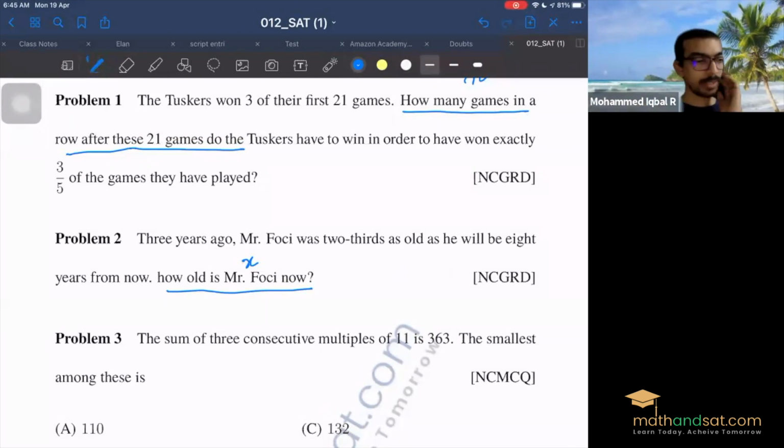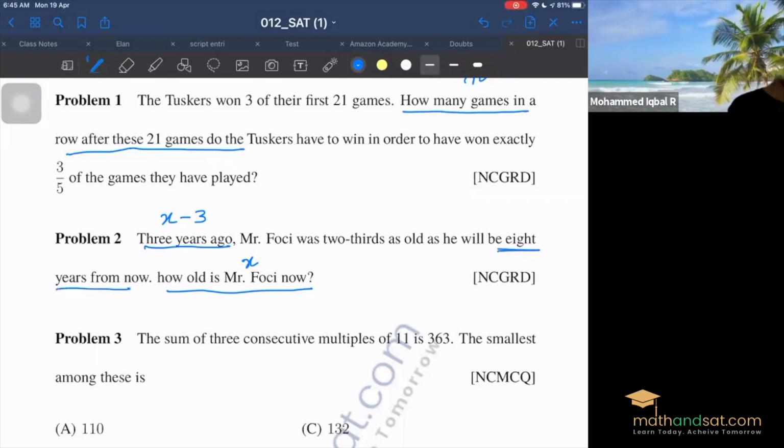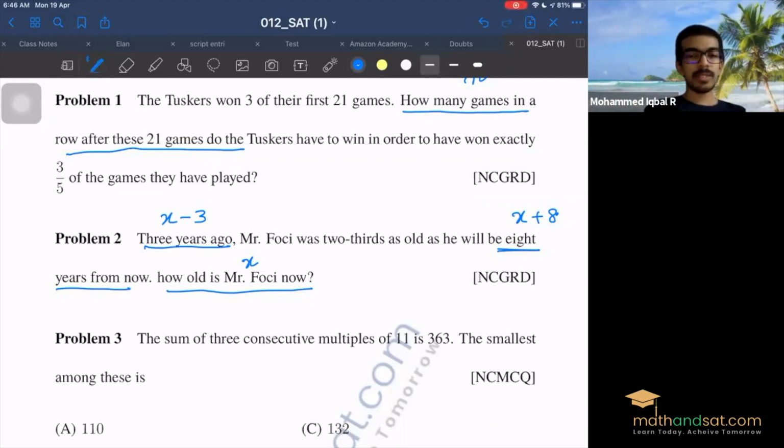Now, 3 years ago, his age was X minus 3. Now, 8 years from now, his age will be X plus 8. Does that make sense? The current age is X. 3 years ago, his age was X minus 3. And 8 years from now, his age is X plus 8.